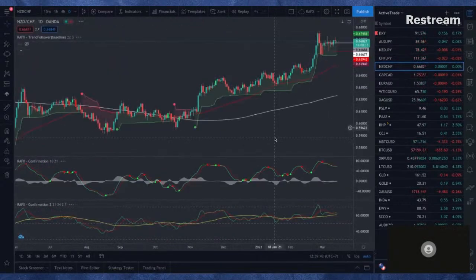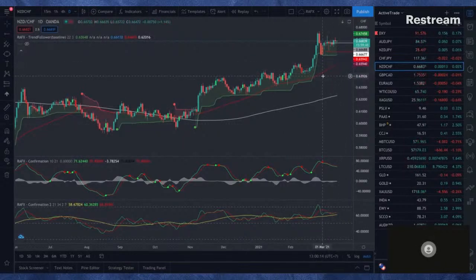So my next position is the NCD CHF. For NCD CHF, the two tranches are still intact, and the price is still far away from my 1R risk reward. But do I need to exit in this trade? The chart is telling me to hold, because the price is still above this baseline.